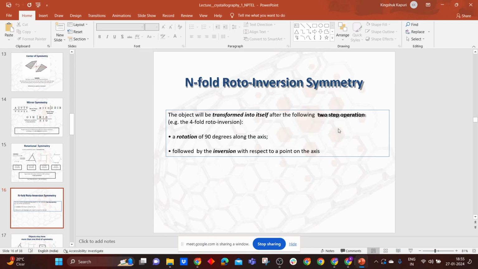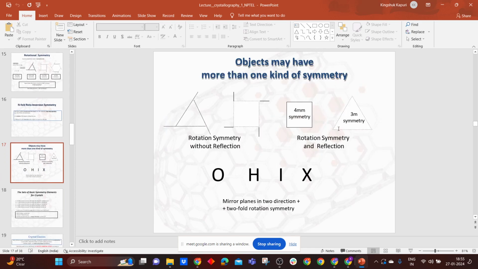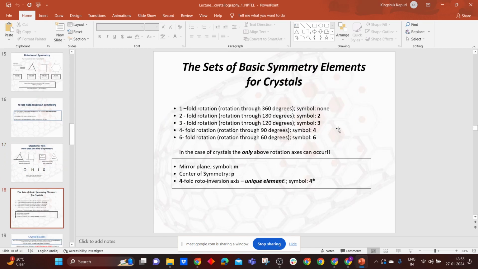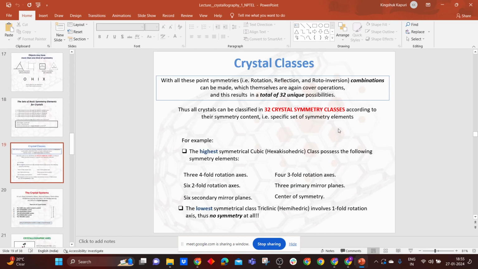A roto-inversion is a type of symmetry operation which involves both rotation, meaning you are rotating an object, and inverting that object. So by combining a rotation operation with an inversion operation, you will get a roto-inversion symmetry.